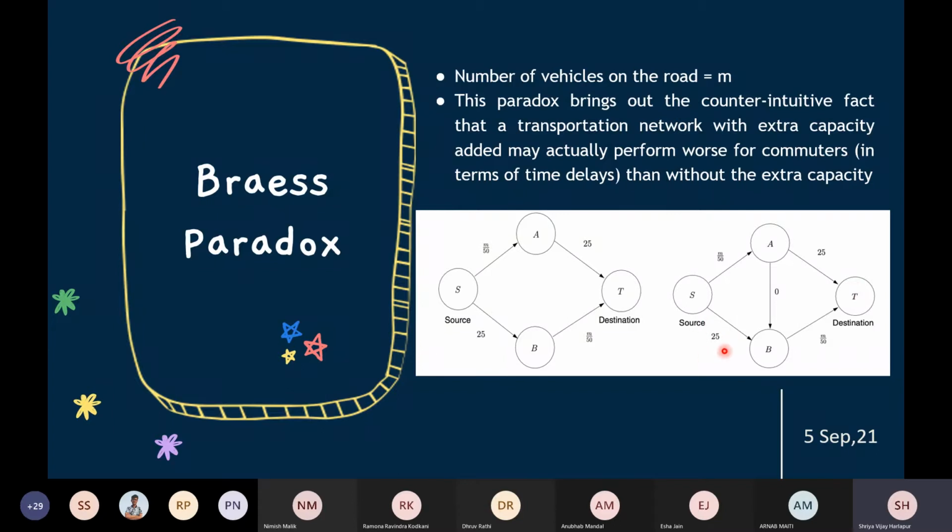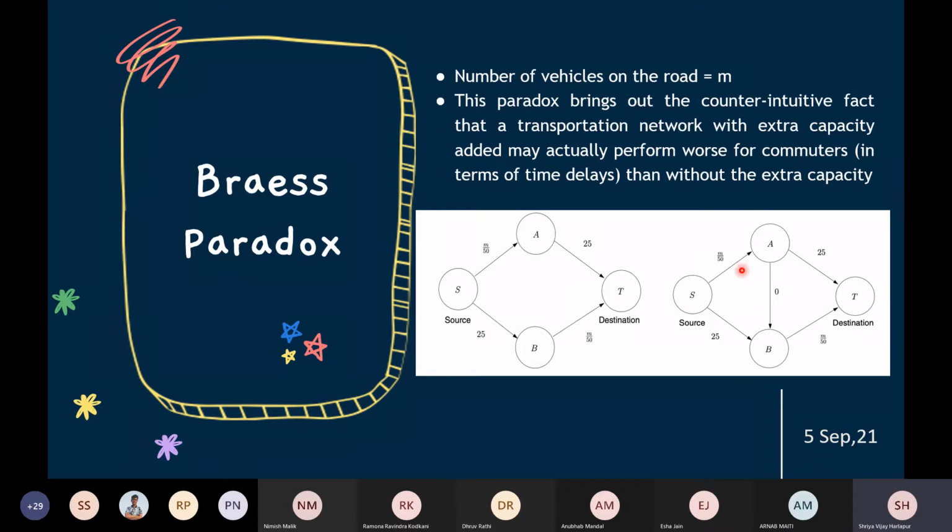Because now they have this 25-minute constant time, and as long as this sum is less than or equal to the time taken here, so as long as m by 50 is less than 25, which means as long as m is less than 1250, this route is more advantageous than going up and down, either through A or through B. But since it is now more advantageous to use this route, instead of the constant time route, more and more people will start going SABT.